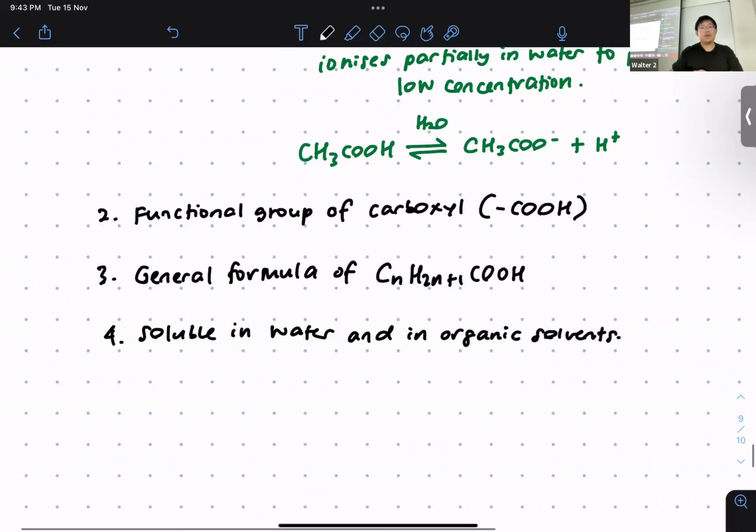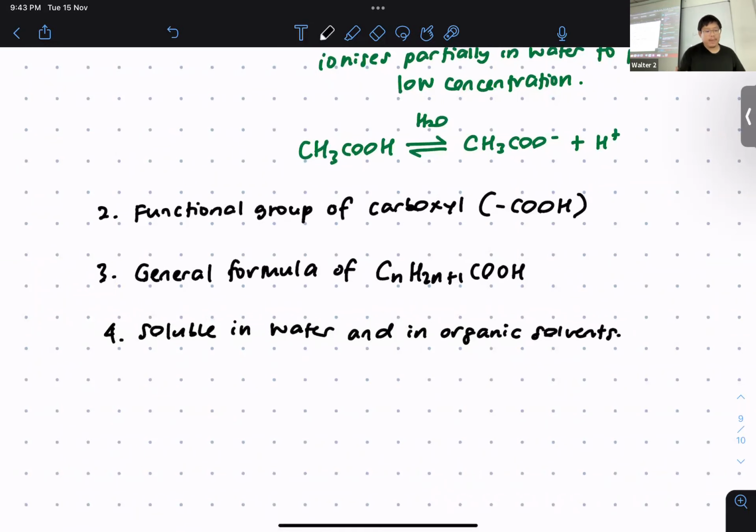Soluble in water because they can ionize in water to produce hydrogen ions. And in organic solvents, they can dissolve also because they're technically molecules before they dissolve in water. So ethanoic acid was originally a molecule, so it can still dissolve in organic solvents.